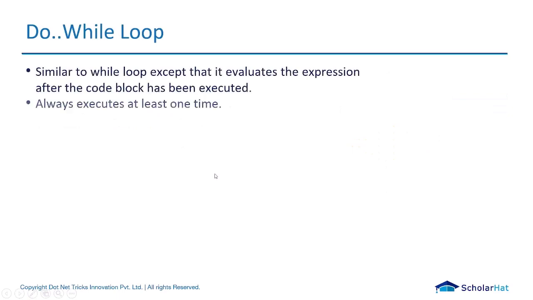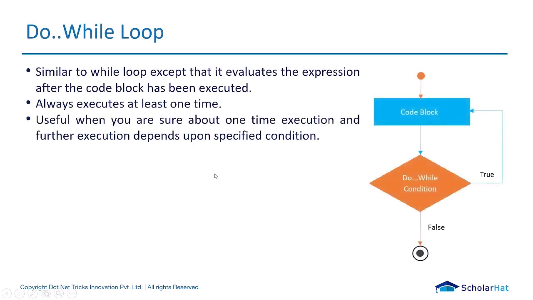Next thing is the do while loop. It is similar to a while loop, but here one code block is going to be there. Even if the condition is false, the code block will execute at least once, the first time. It is similar to a while loop, except that it evaluates the expression after the code block has been executed. It means this code block will be executed once even if it does not satisfy the condition, because execution starts from here and comes here, so it will execute.